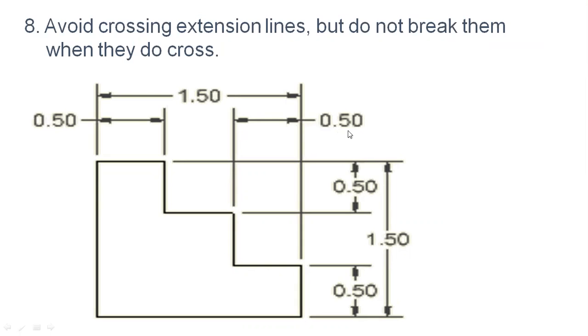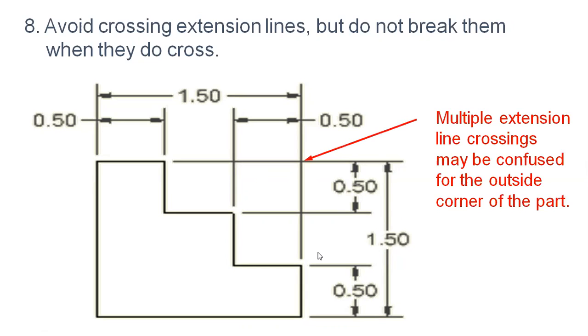This 0.5 is a dimensional value, or 1.5 is a dimensional value. The dimensional values are placed in between the dimension lines, and those dimension lines are drawn with respect to the corners by the extension lines, and the extension lines are crossing each other. Multiple extension lines are crossing each other, and in such cases of the component, it may confuse the reader wherever the extension lines are crossing each other.